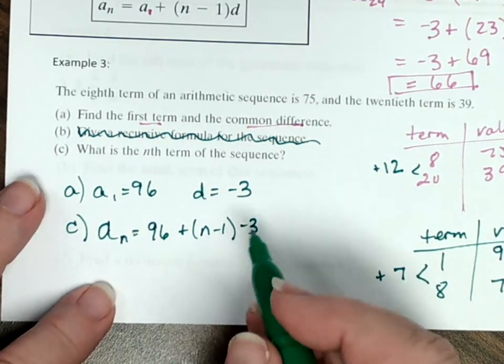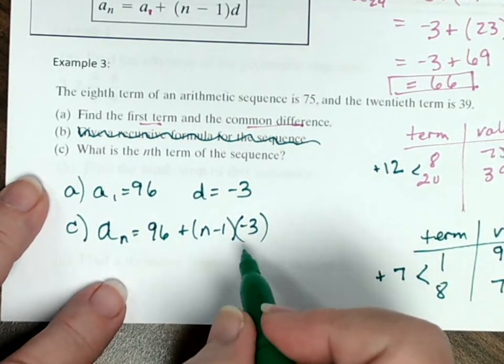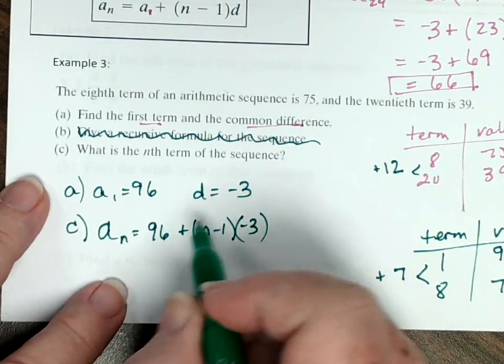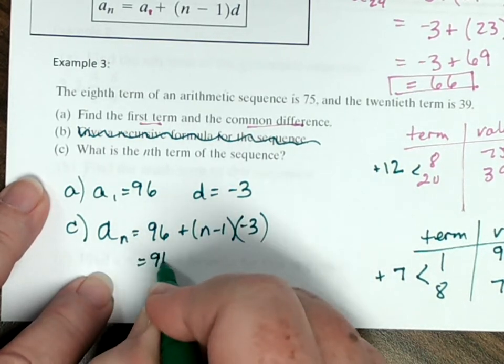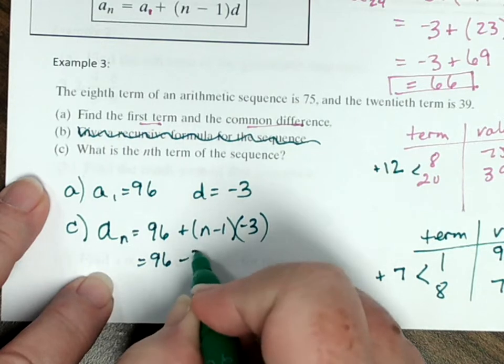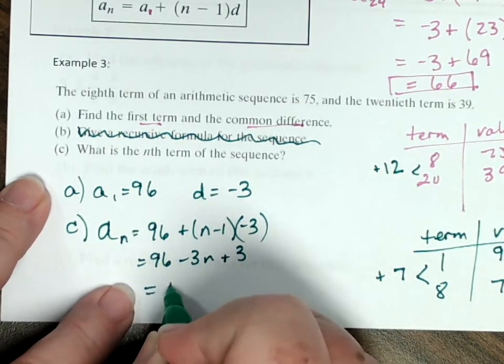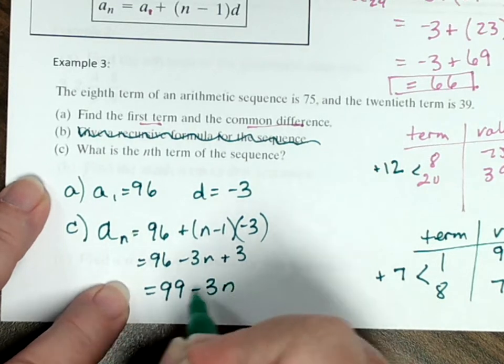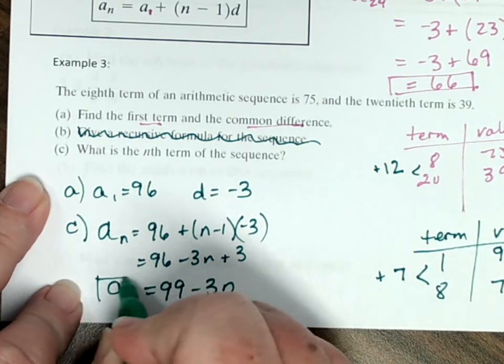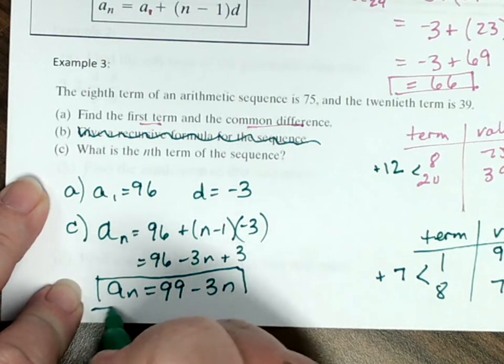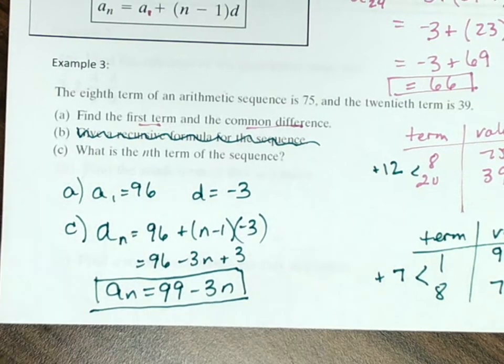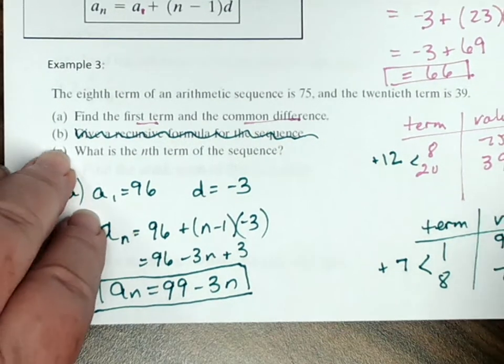Now you can leave it like this, but we're in pre-cal, so we can distribute that out. That equals 96 minus 3n plus 3. Combine like terms, and 99 minus 3n would be the formula for the nth term. And that's what the homework's going to look for on the computer.